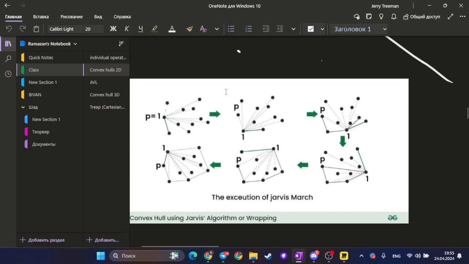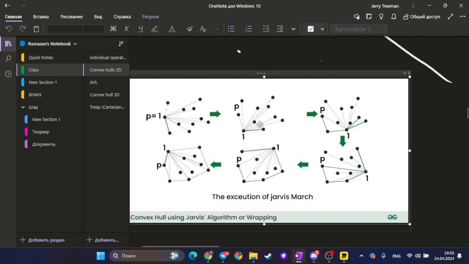How does it look in D dimensions? We sort all the points by angle around some point, starting from the leftmost point, and then we choose the point with the smallest angle again and again.